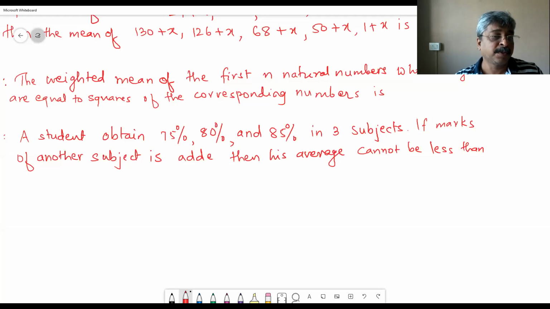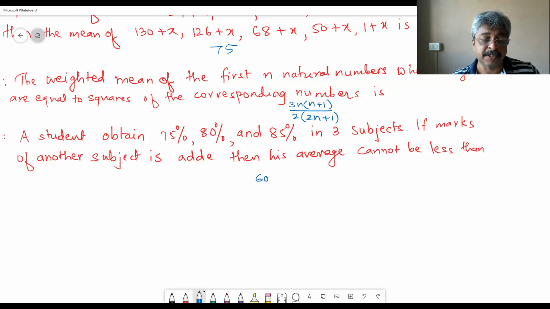First answer for first is 75. Answer for second is 3n inside bracket n plus 1 divided by 2 inside bracket 2n plus 1. And third is 60%.